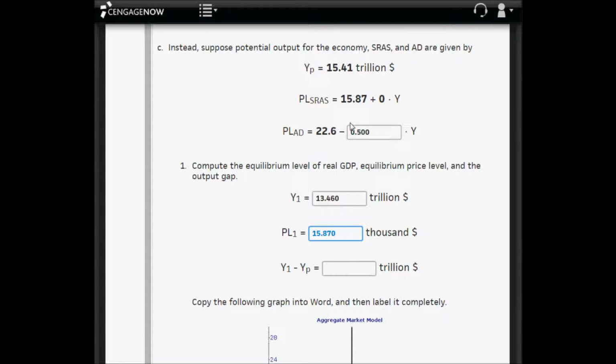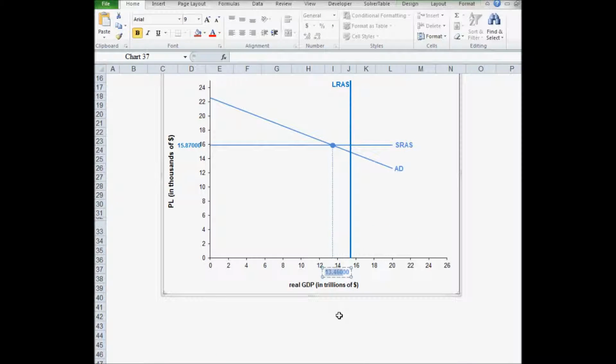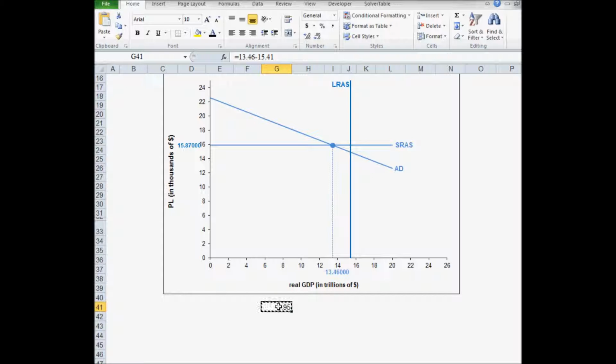The gap is the difference between what GDP currently is minus potential output. So I'm going to copy this into Excel to compute it. And it's a negative $1.95 trillion.